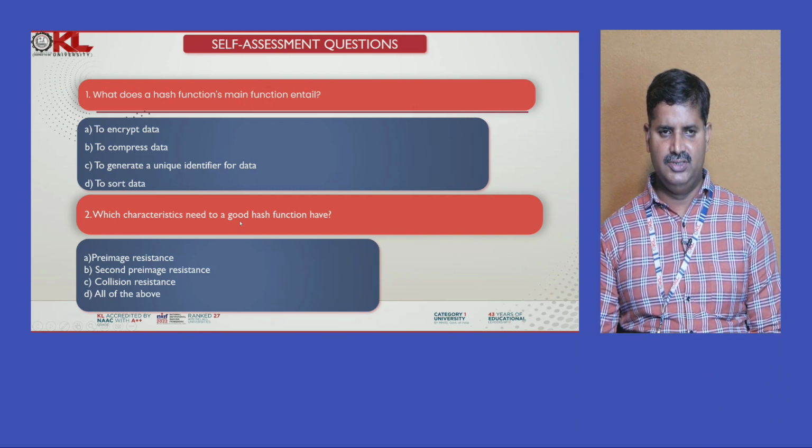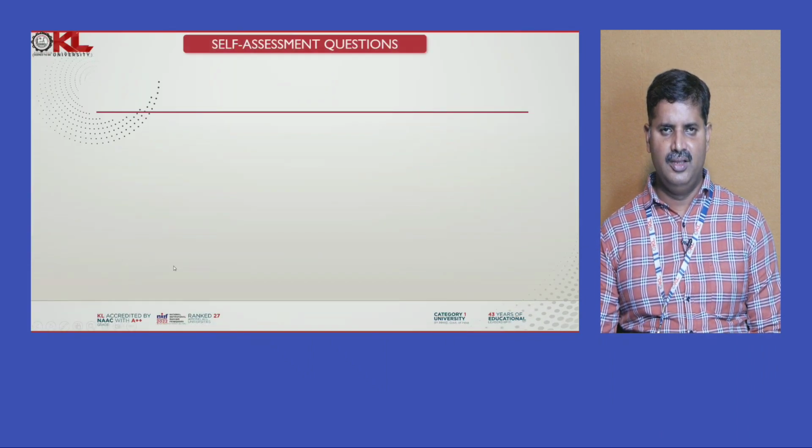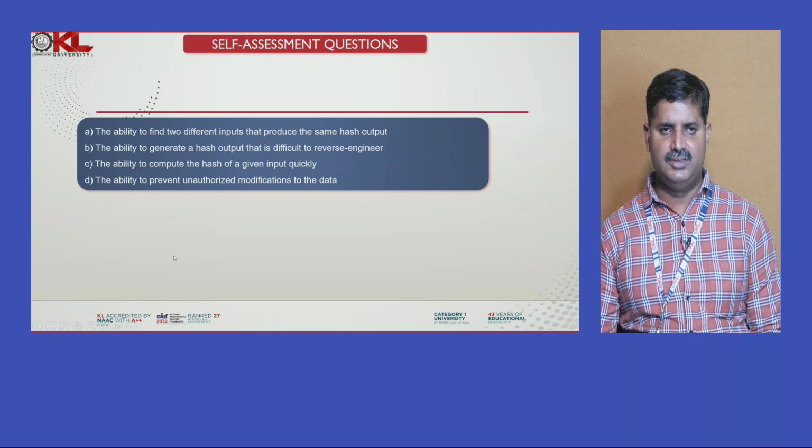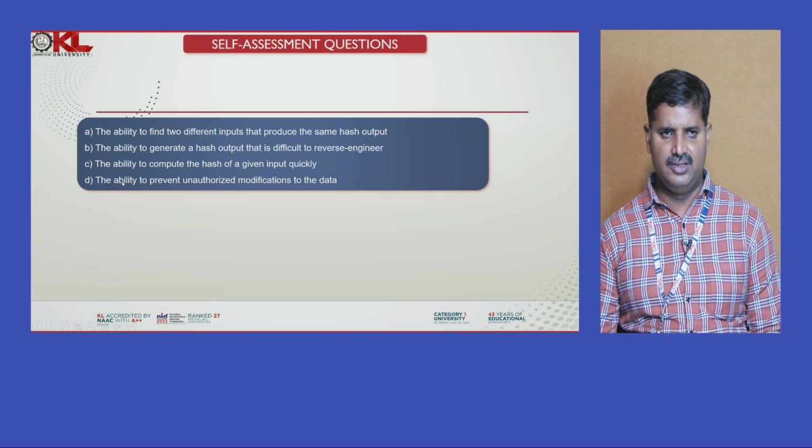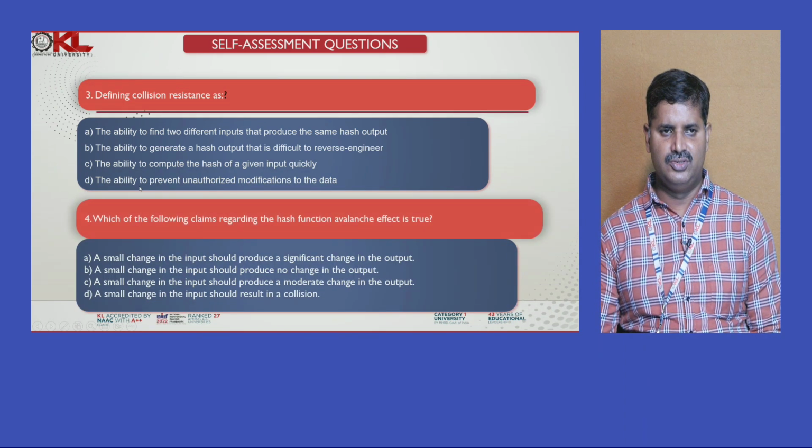Another question is which characteristics are needed for a good hash function value. Here three requirements are given, so all of the above is the correct answer to the given question.